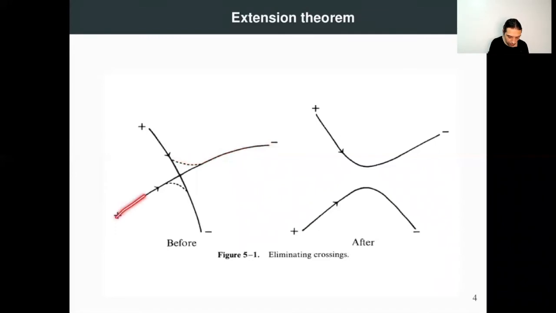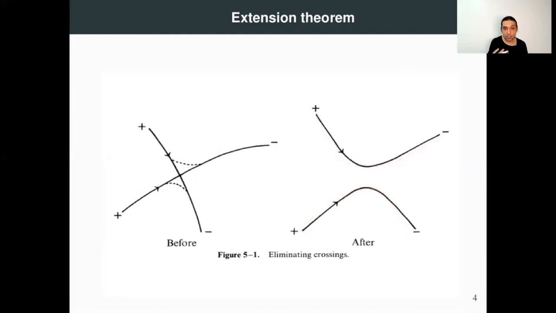And when we follow this second path, from the positive to the negative point, we can actually change the path and go in the direction of the negative point for the first path. In this way, we obtain two other paths, and there is one less intersection point.